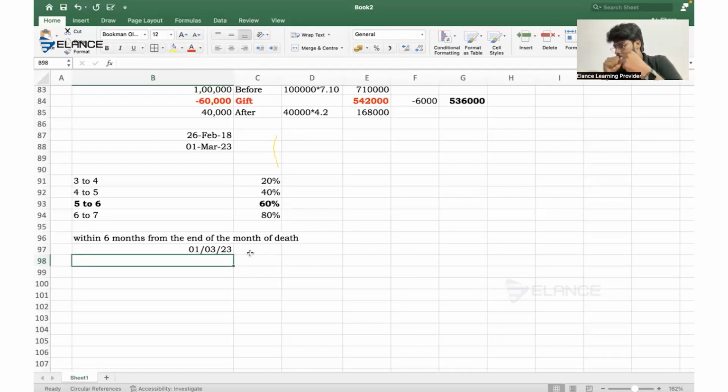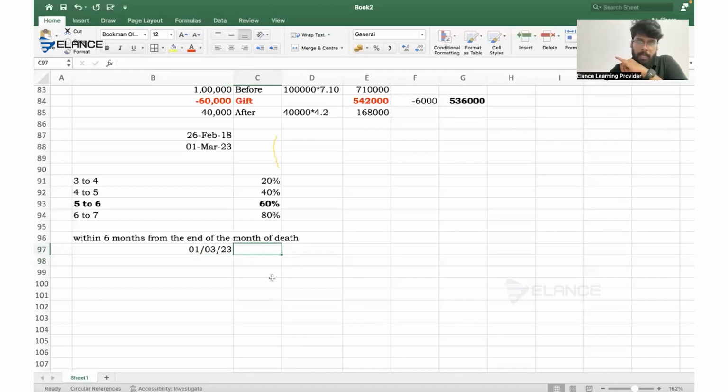Okay, so April, when it comes to 30th April, it will be 1 month. April, May, June, July, August, September. So it will be 30th September. On whichever month the donor died, take the end of that month, and from that month end count 6 months; that will be the due date of IHT on death.